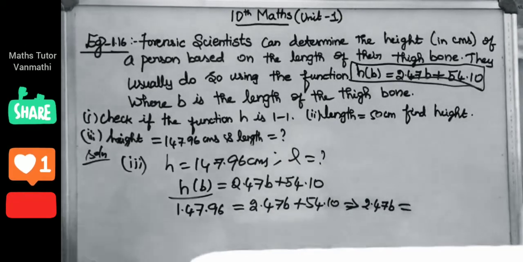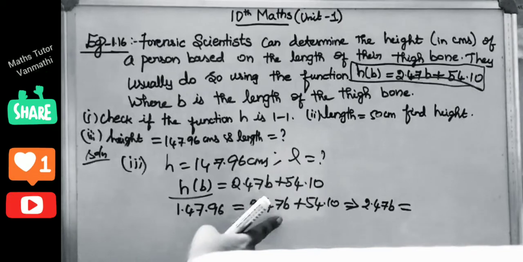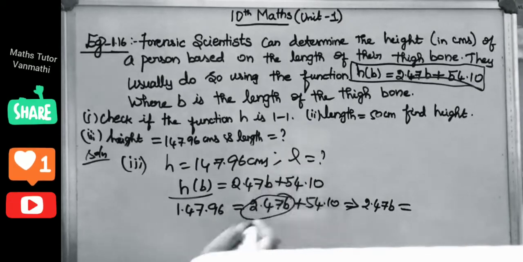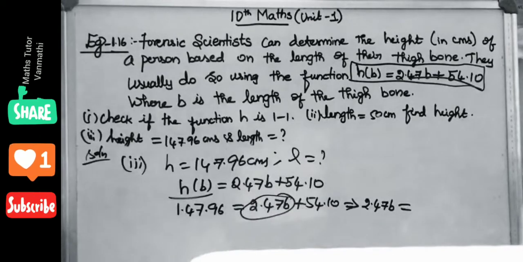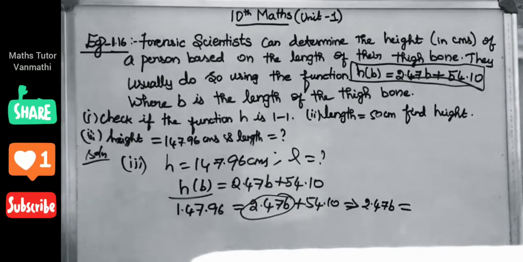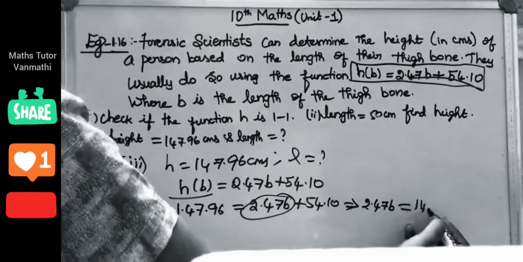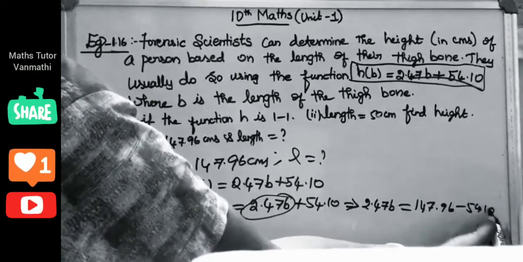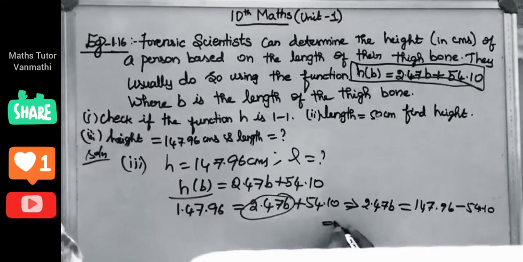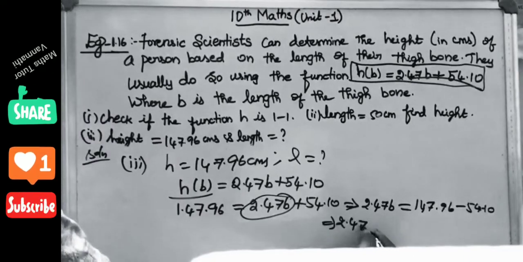2.47b equal to, we have to find this value. So we take this value to this side and that value to the other side. You will get b is equal to 147.96 minus 54.10, all over 2.47.